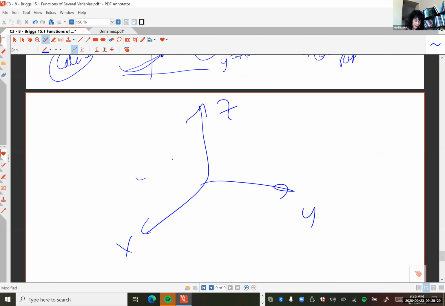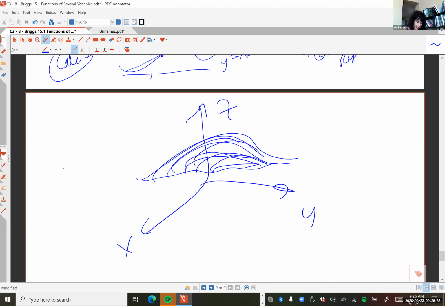You're going to have some funky surface. Let me just make some capping surface. This could be some mountaintop or something. And it's basically the graph of a function of two variables. There it is, beautiful surface. I'm going to pick a point on the surface. I don't know, I'm just going to pick any old point here. How about right there? There's a point on the surface, cool.